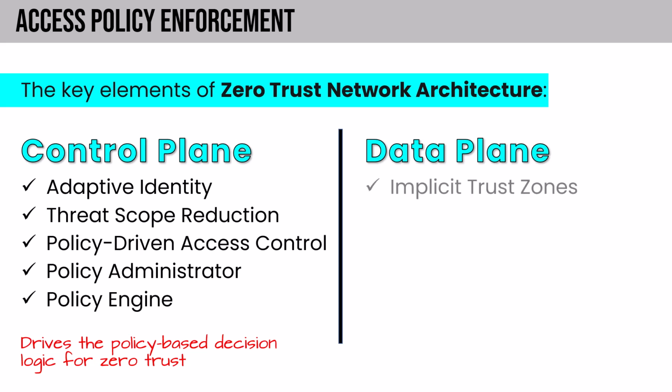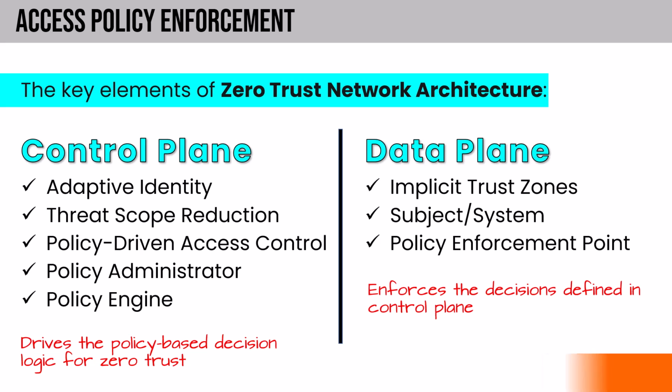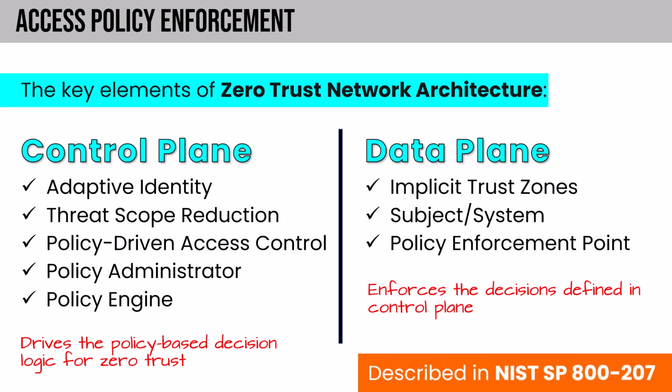In the data plane, we have implicit trust zones, subject and system, and policy enforcement point. So this enforces the decisions defined in the control plane. If you're wondering where these elements of zero trust network architecture come from, they are described in detail in NIST Special Publication 800-207. Let's unpack all of these, beginning with the control plane.